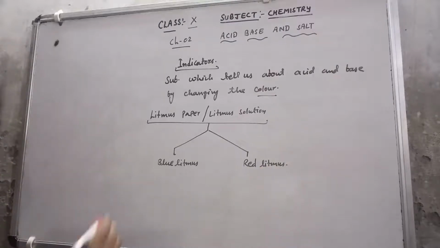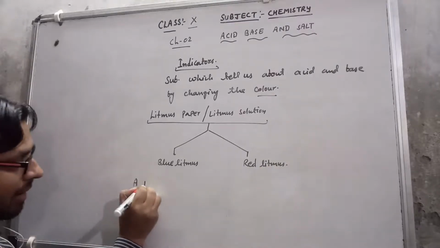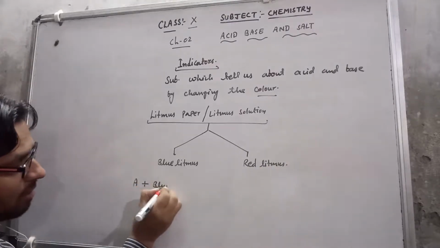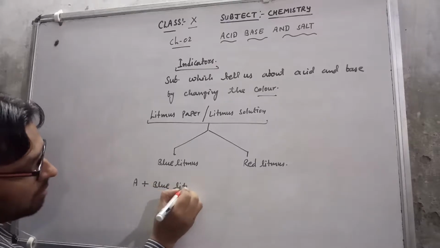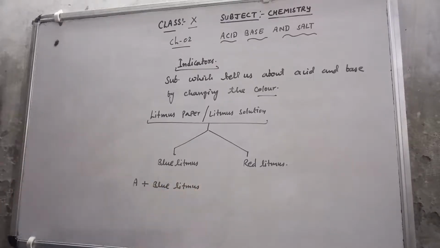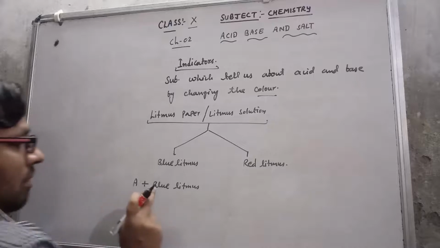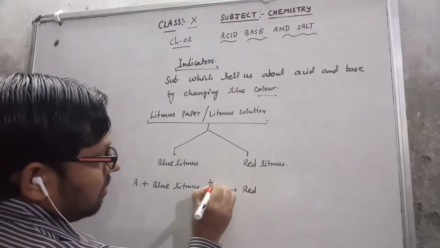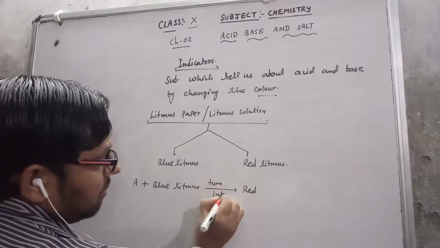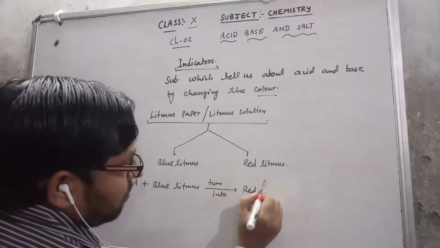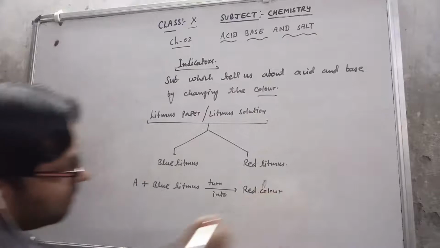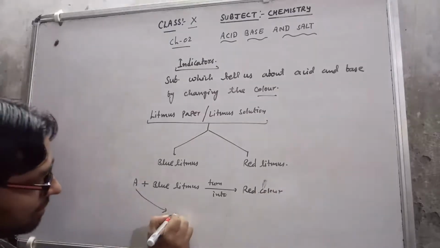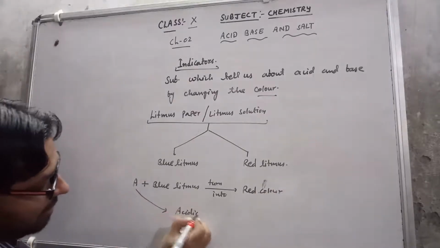Suppose I have a substance A and I add it to blue litmus, either the paper or the solution. If that blue litmus turns into red color, then we can say that this substance A is acidic in nature.